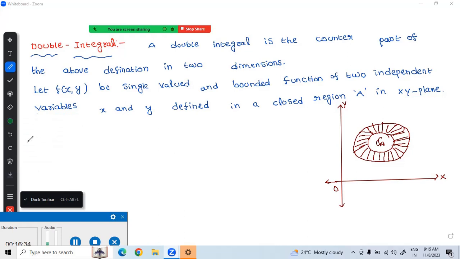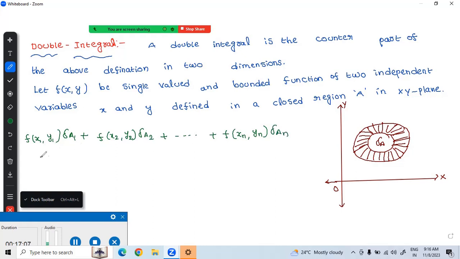So this whole part now: f of x1 comma y1 delta a1 plus f of x2 comma y2 delta a2 and so on, f of xn yn delta an.